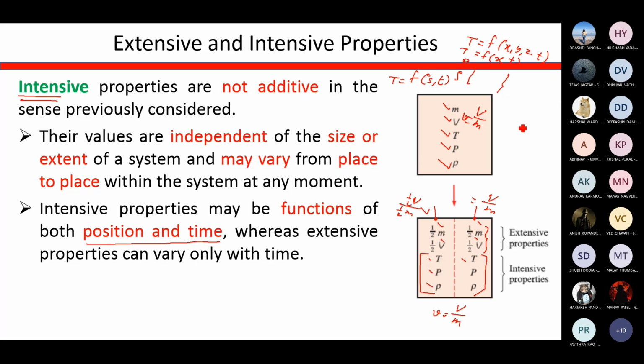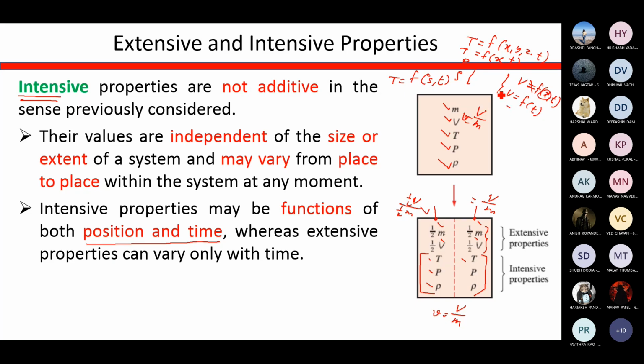I can use this kind of relation because these three are the intensive properties, whereas the same philosophy is not applicable for extensive properties. So let us say if the volume is there, I cannot write the functional relationship like this, that volume is function of space and time. No, this is incorrect. So volume may be function of time alone and not the function of space. Remember this.